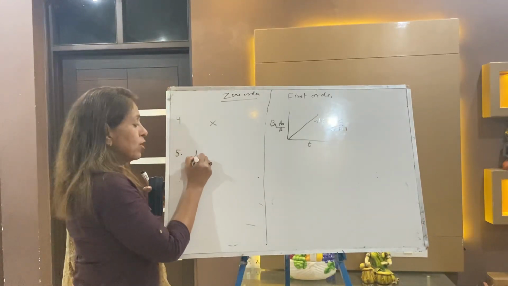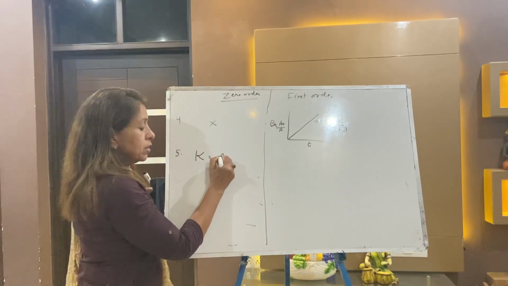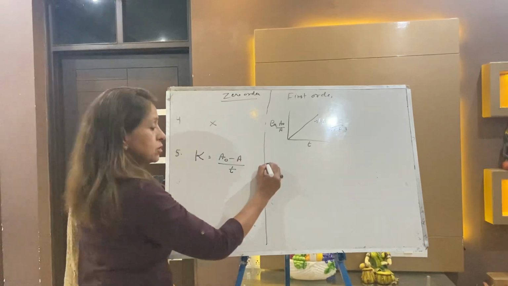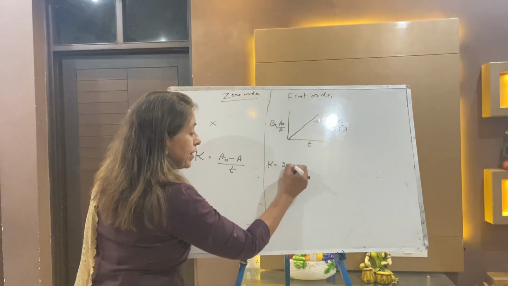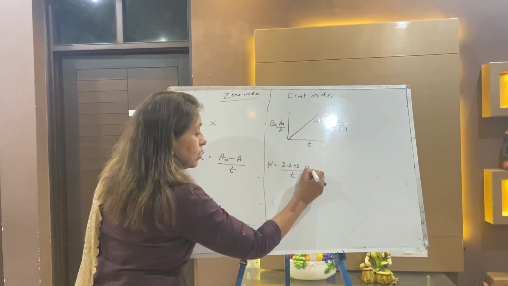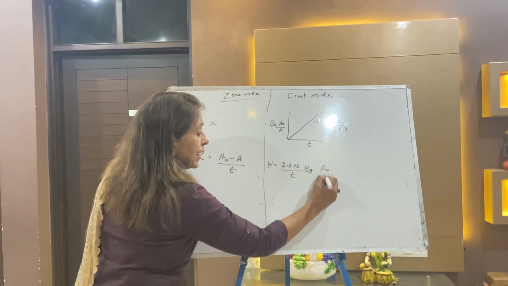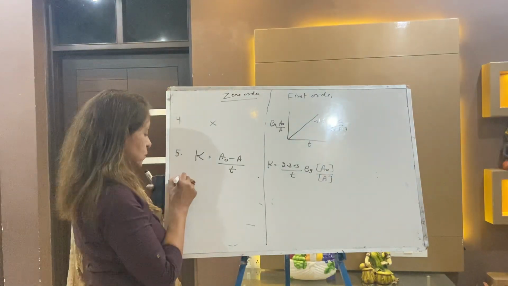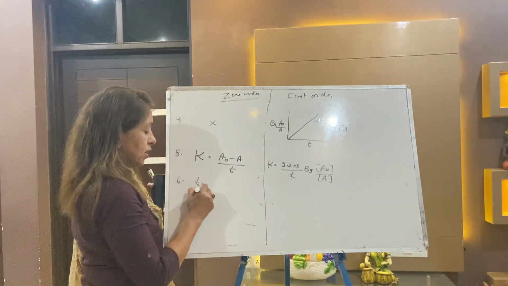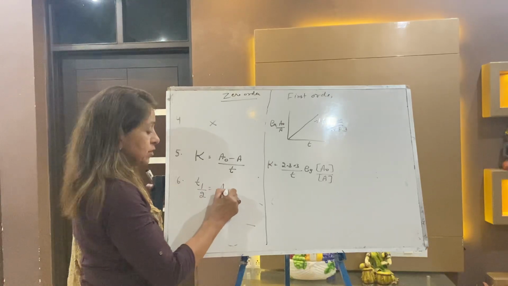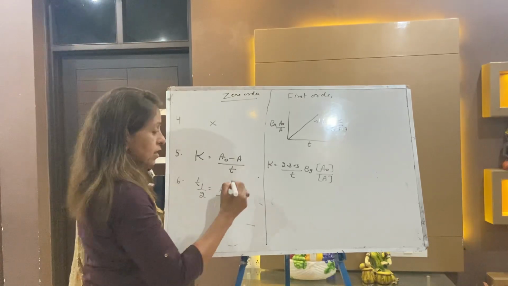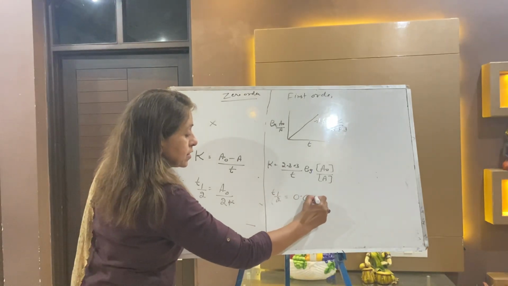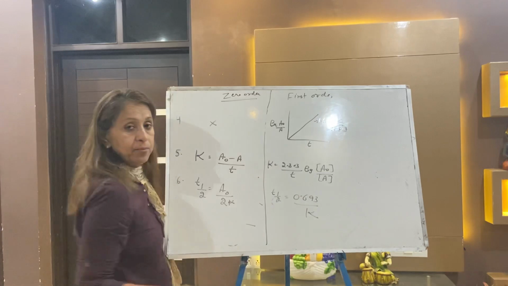If anybody asks you to calculate the rate constant of zero order, k is equal to A0 minus A by t. But in first order, k is equal to 2.303 by t log A0 by A. Now, point 6, half-life. In zero order, half-life is equal to A0 by 2k, and in first order, half-life is equal to 0.693 by k.